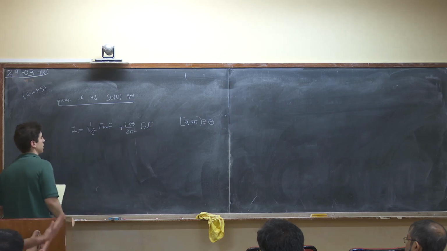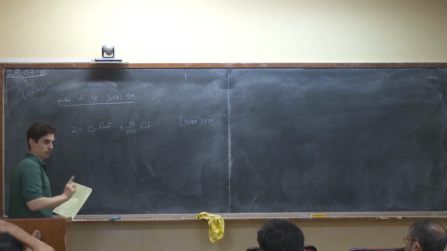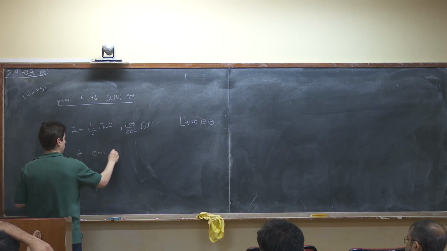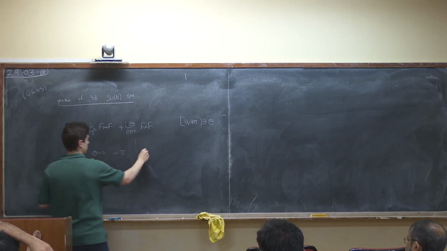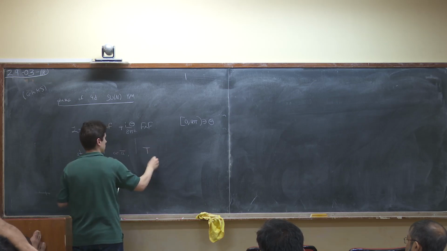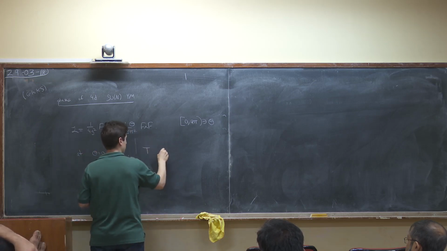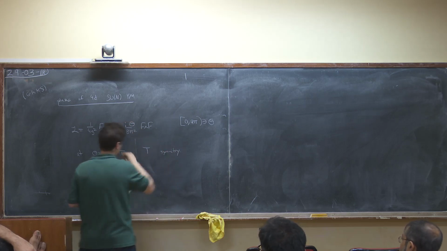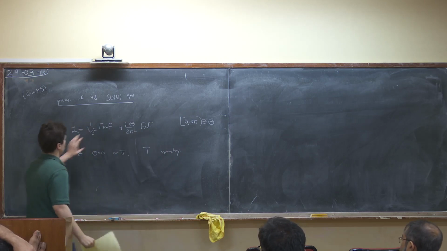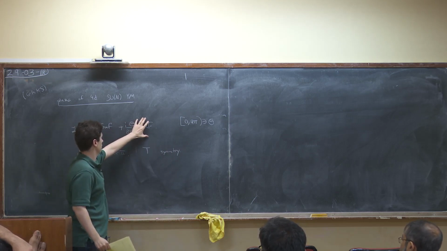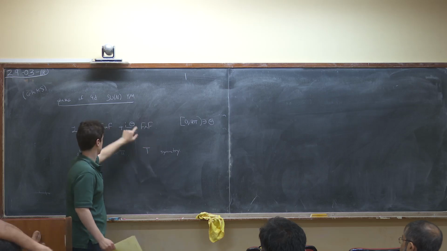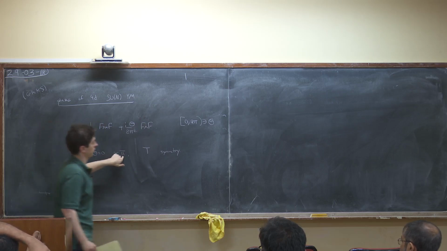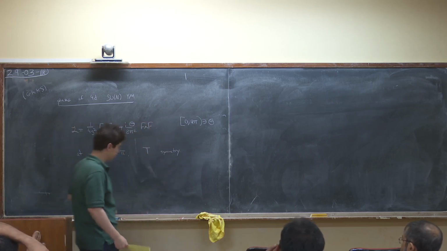The first observation is that at specific values of theta, there's an enhanced symmetry. At theta equals 0 and pi, there's time reversal symmetry. That's clear because time reversal acts to change the epsilon tensor to minus itself, so it changes theta to minus theta. At theta equals 0 you're invariant, and at theta equals pi you're invariant because of this identification.